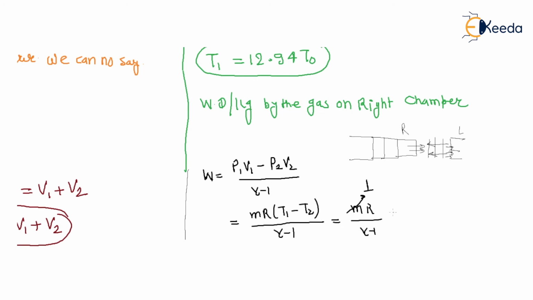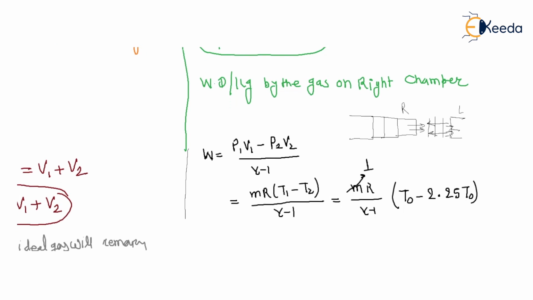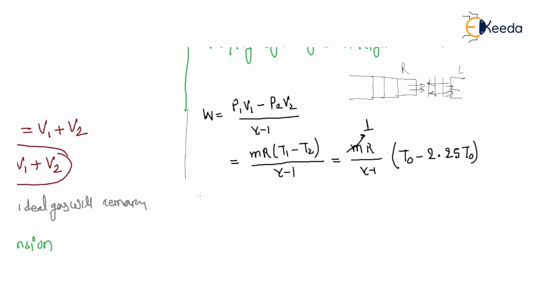Initially temperature T1 is T naught, and the final temperature for this portion T2 is 2.25 T naught. So if you put this value, this is minus 1.875 R T naught.